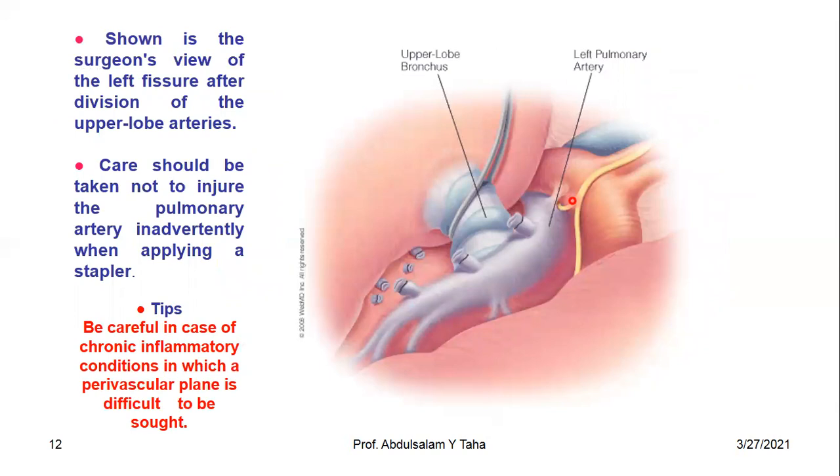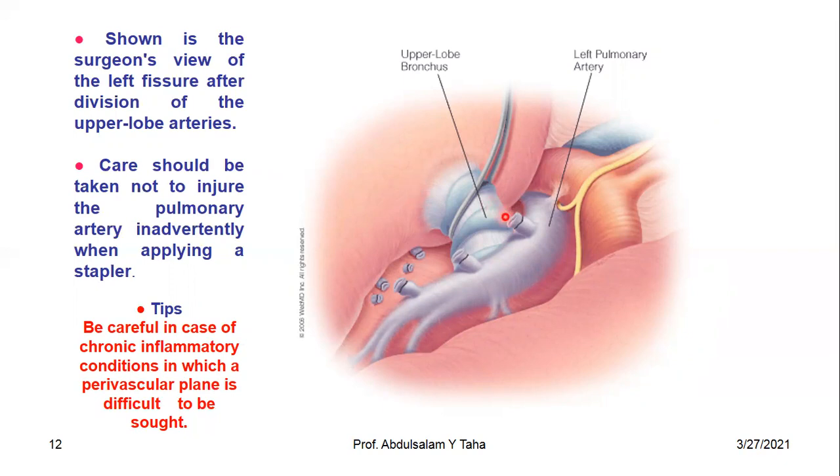Now this is the appearance of the left interlobar fissure after ligation and division of the segmental arteries of the left upper lobe during the procedure of left upper lobectomy.